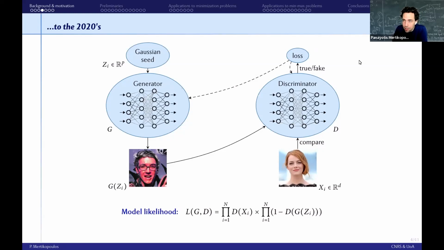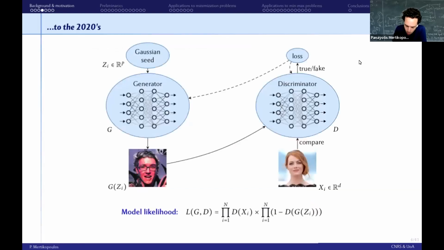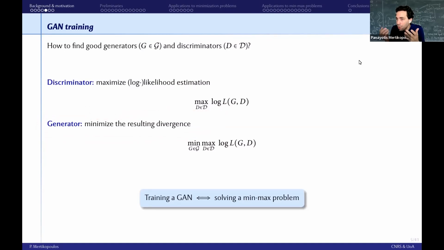What does this have to do with stochastic approximation? Well, in order to train this model, one essentially has to solve a min-max problem where the discriminator is trying to maximize the log likelihood of getting true positives and true negatives, while at the same time the generator is trying to minimize the performance of the discriminator based on this log likelihood.